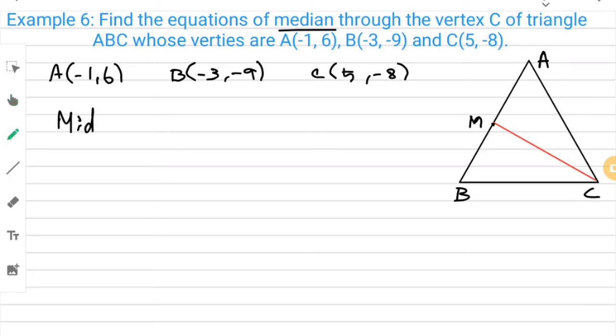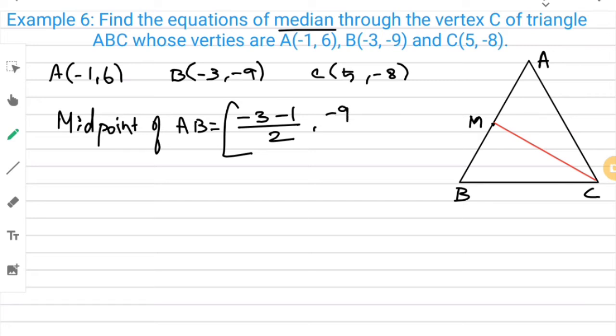Midpoint of AB. We know the midpoint formula, right? (x2 + x1)/2. Which two points do I want to take? A and B. So this one is x1, y1 and this one is x2, y2. I'm going to write it directly: (-3 - 1)/2, comma, (-9 + 6)/2.